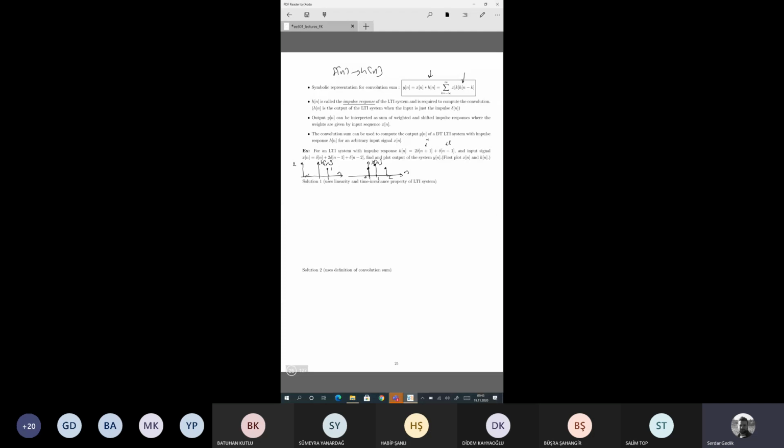So what is x of n? x of n is impulse of n plus 2 impulse of n minus 1 plus impulse of n minus 2. So I will find the output for all of those input cases. If impulse of n is at the input, I know very well that h of n is at the output. So let's plot this.